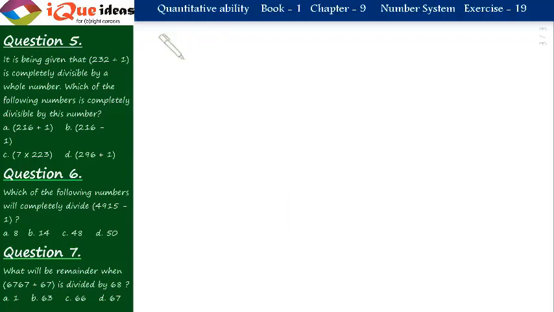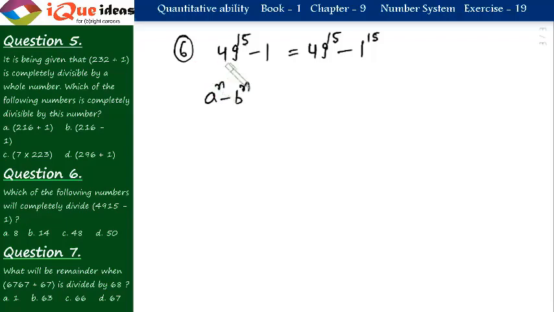Question number 6. It says which of the following numbers will completely divide 49 raised to the power 15 minus 1. We can write this as 49 raised to the power 15 minus 1 raised to the power 15. Now in the theory section, we have studied that anything like a raised to n minus b raised to n is always divisible by a minus b into something. Let's say k.